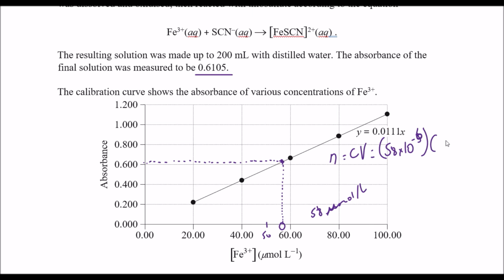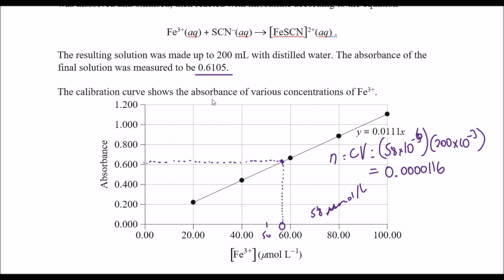Actually, that's to the minus 6. Then we have our distilled water solution, which we also need to convert into liters. Plug that in, and that will give you the number of moles, which is 0.00000116.